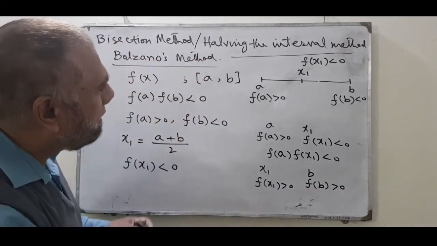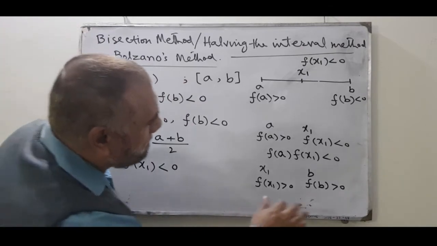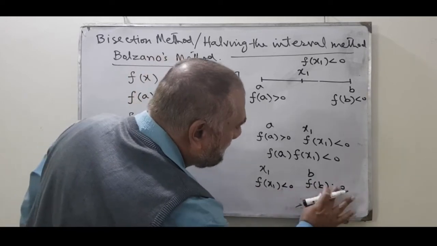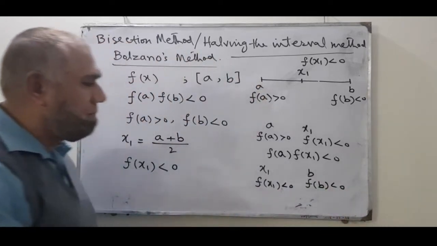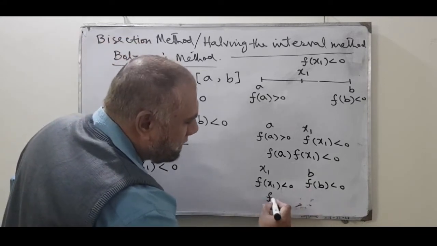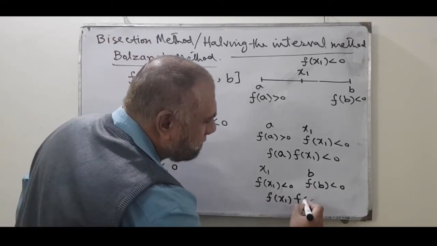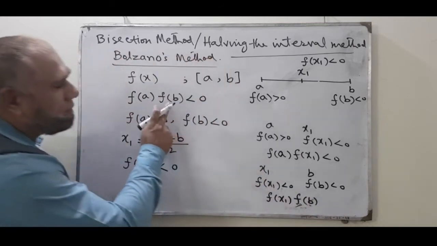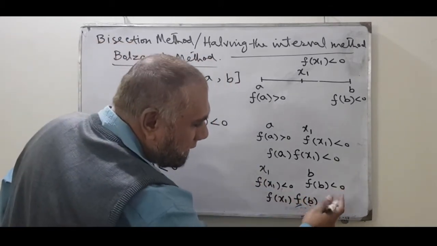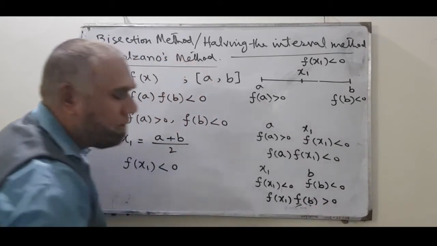Here we have a negative sign, and at b there is also a negative sign. Sorry, I had written it wrong. Okay, it's fine now. If we take the product of these two, it is not going to fulfill this condition of less than 0, because both the signs are negative, so the product will be positive.